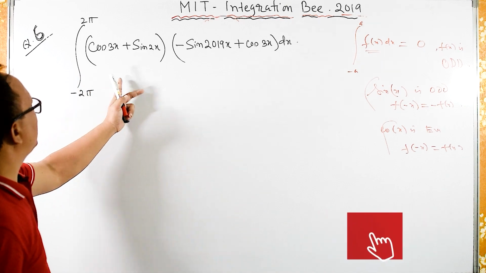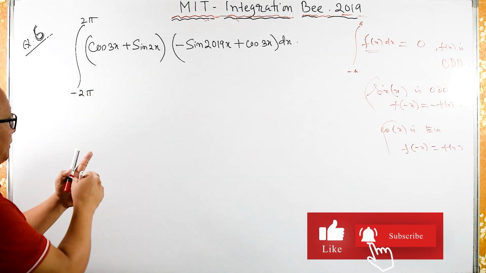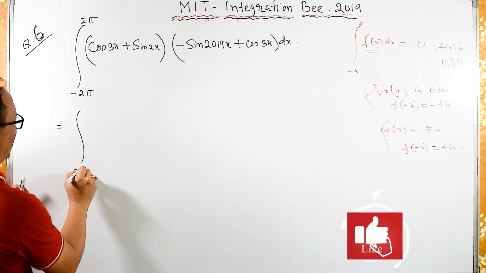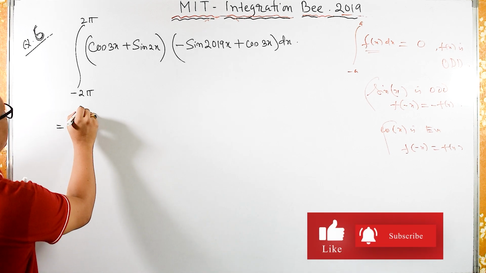Now what I will do is I will multiply first. This equals integral from minus 2 pi to 2 pi.